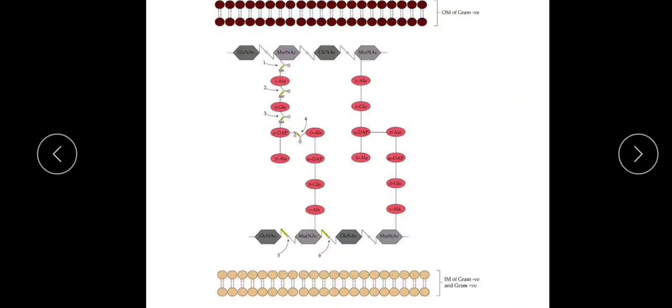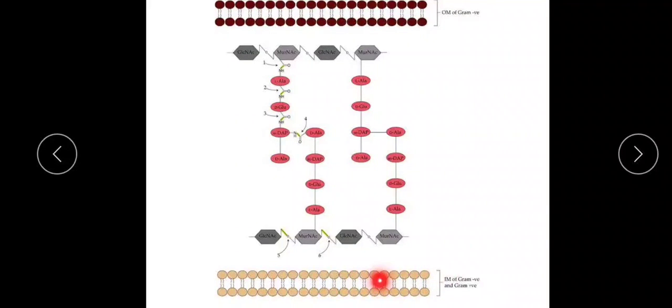The peptide chain helps in cross-linking between the alternating chains, and it gives rigidity to the cell wall. So that is all about the molecular details.